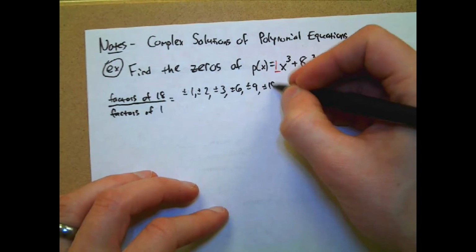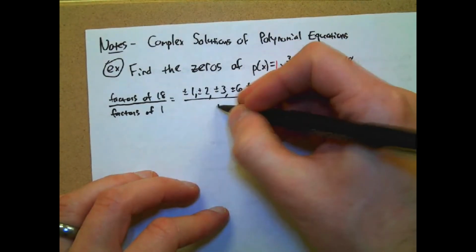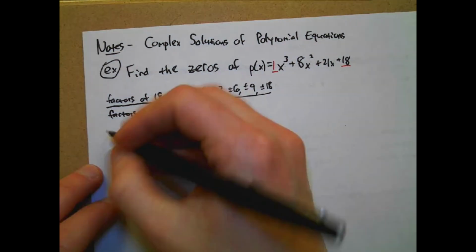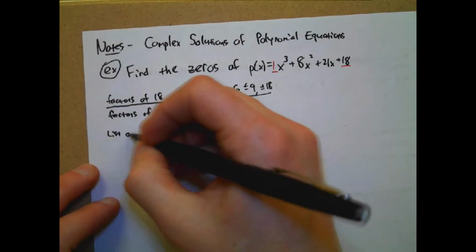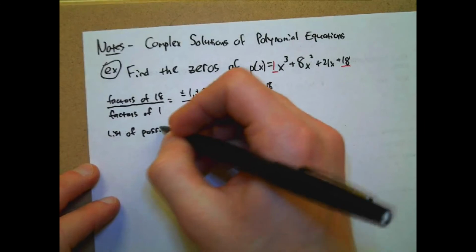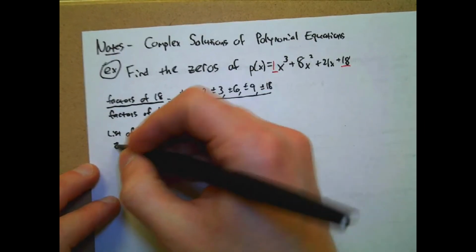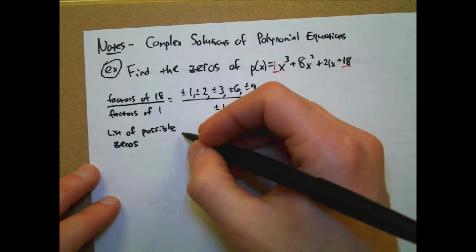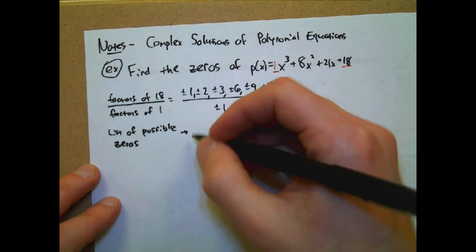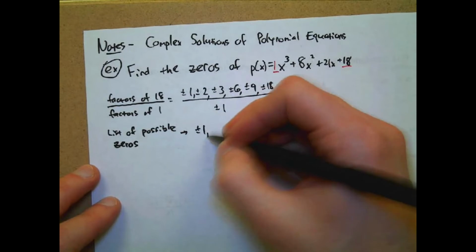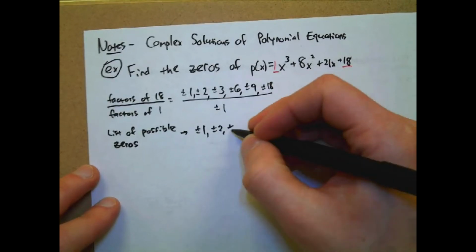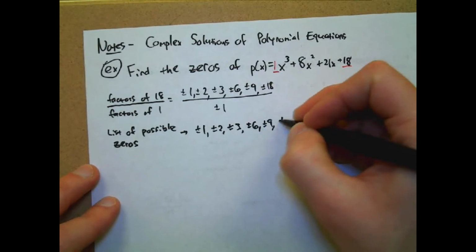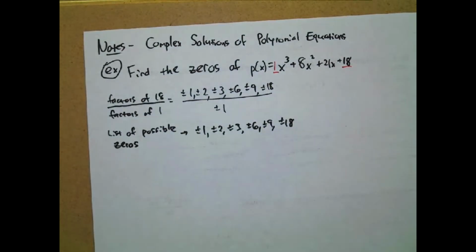All over plus or minus 1, right? So our list of the possible zeros is plus or minus 1, 2, 3, 6, 9, and 18. Lots of possibilities to guess there.